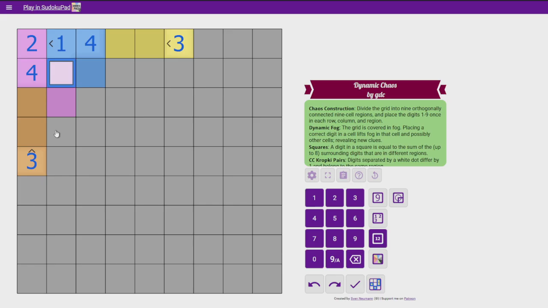But it'd be really useful if we knew that blue extended down here. Because then we would know that this sees 4, actually, no, my bad.